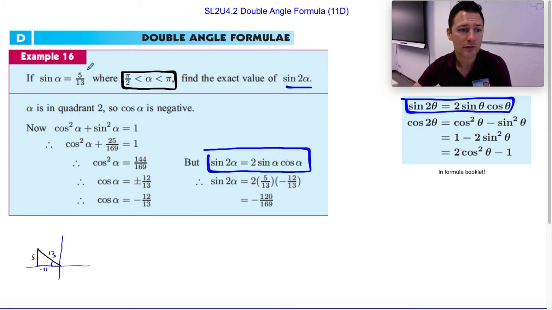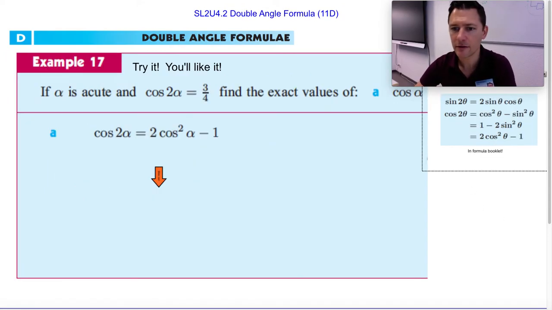I already know sine of alpha. They told me it's here. That's this piece. And then multiply by cosine of alpha, which I just figured out. It's this piece. So you have 2 times 5 times 12. That gives you this bit. And 13 times 13 gives you that bit. It's positive, positive, negative, so that gives you that bit. Fine. All right, just some mechanics.